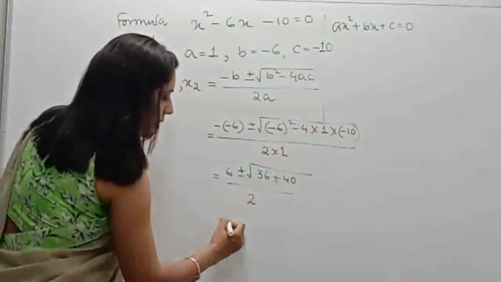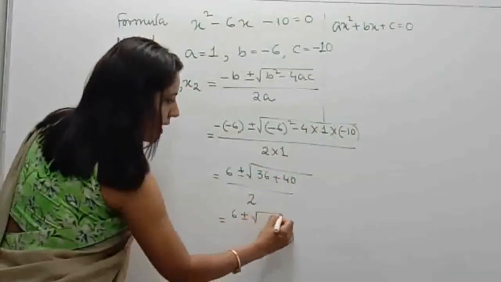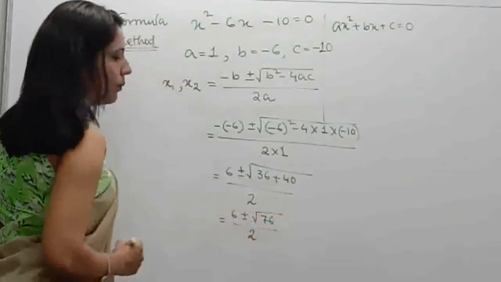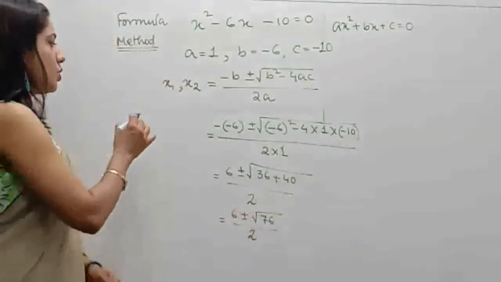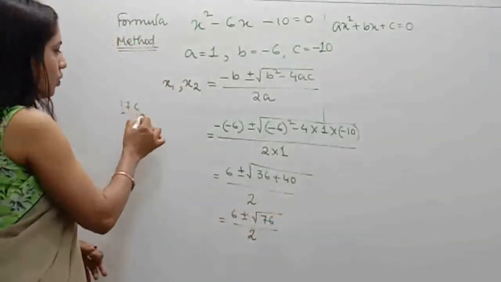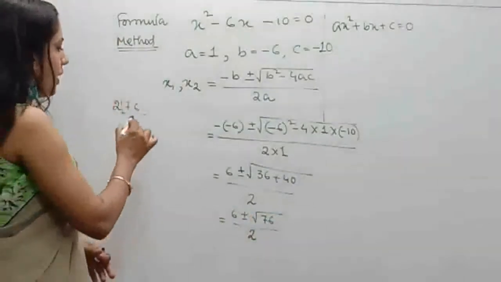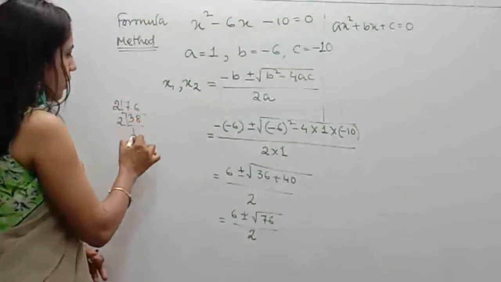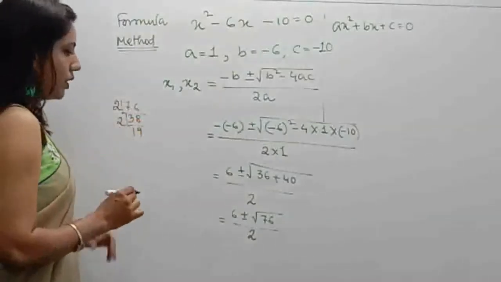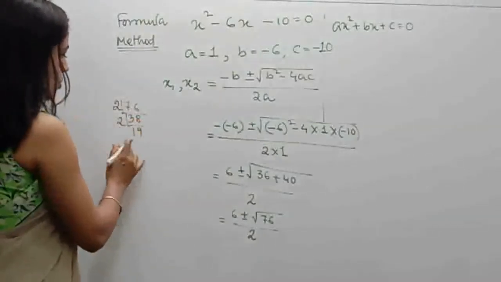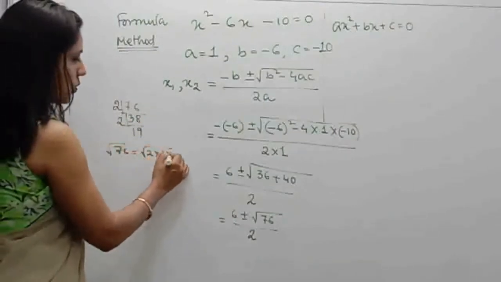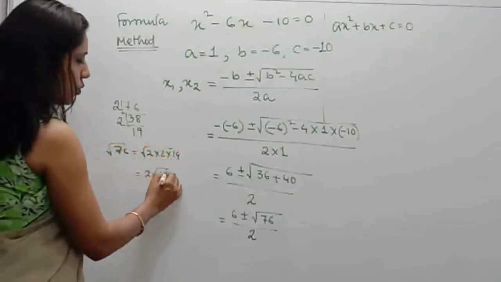Then if we simplify further, plus minus, this will come as 76, root of 76 upon 2. Now let us find the root of 76. Do the prime factorization method for it: 2, 38, 2, 19. So it is 2 into 2 into 19, so root 76 is equal to root of 2 into 2 into 19, which is 2 root 19.